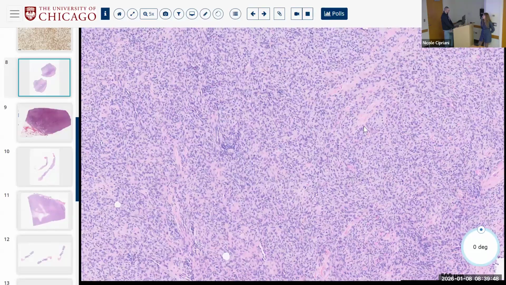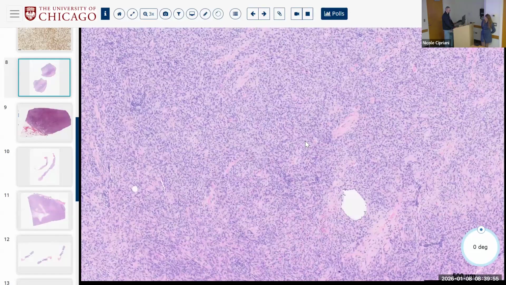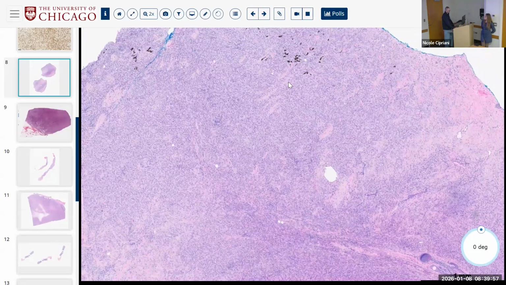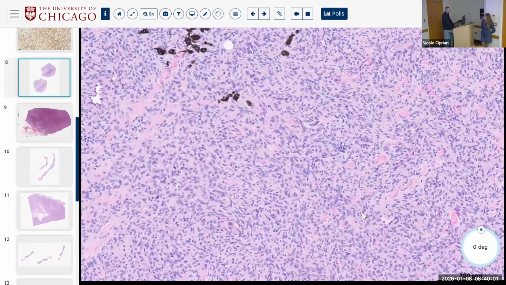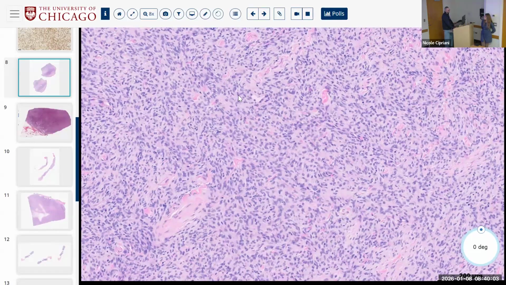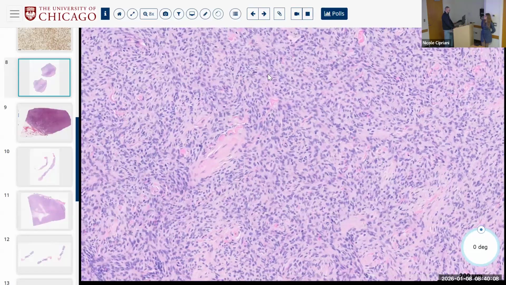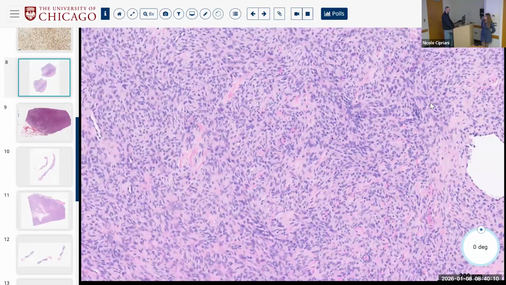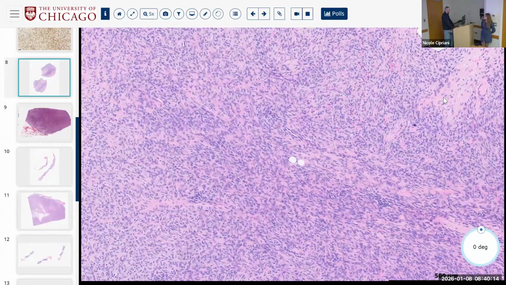With this morphology, I feel like the differential may be somewhat broad. This could be fibromatosis. What else?